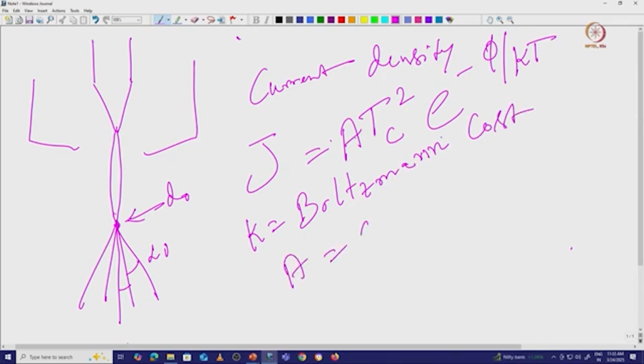A is a constant again, and this constant depends on the metal we are using.